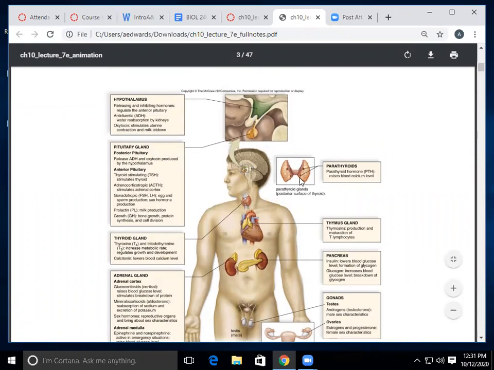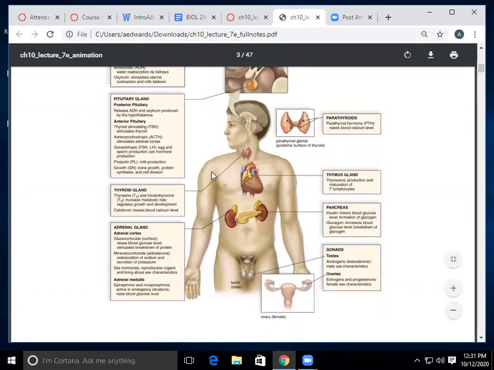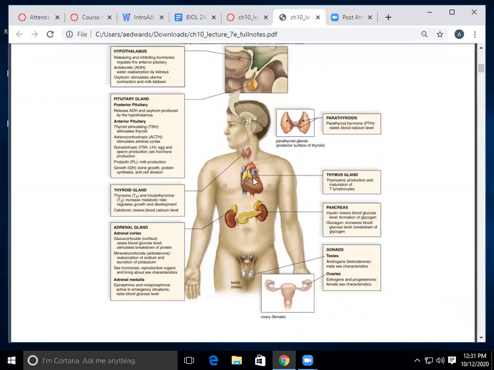Okay. In the throat, you've got the thyroid gland, and then the little nodules on them are the parathyroid glands. Okay, just above the heart, or superficial to the heart, you've got the thymus gland. Superficial to the kidneys, you have the adrenal glands. Sort of intermediate between the kidneys is the pancreas.